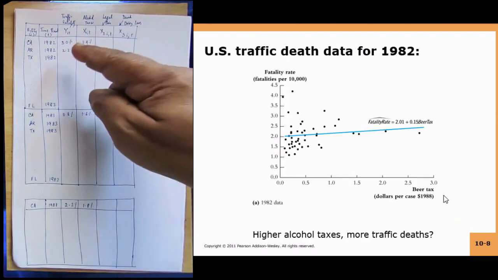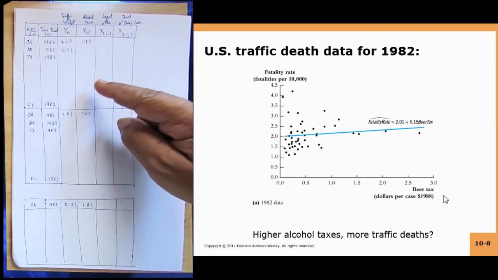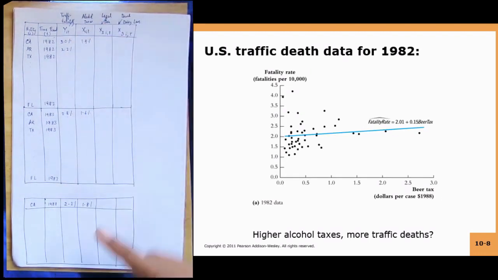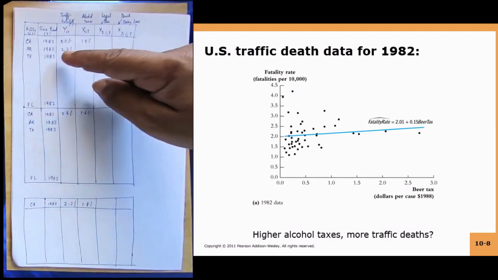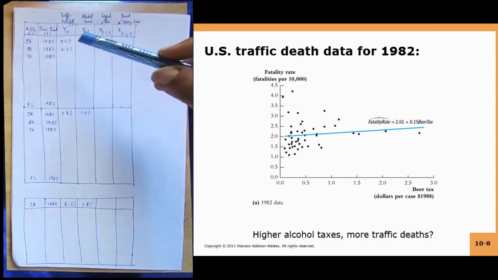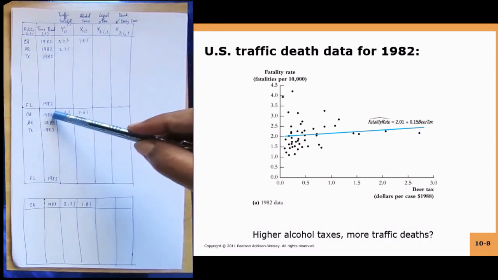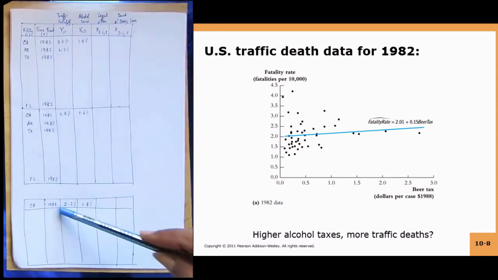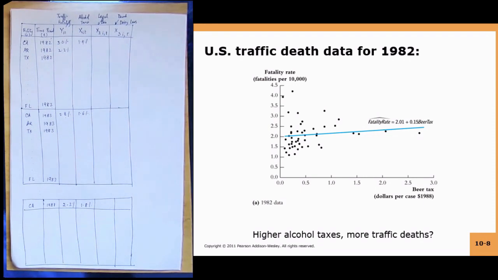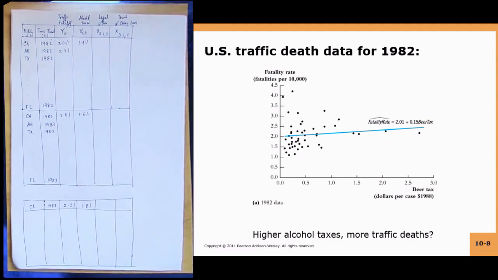Now, if you were to just take the traffic fatality rate and the alcohol taxes and take all of the data together without taking into account the fact that you have the same entity measured over different years, you don't take into account that specific detail, but you just take them all as if it is cross sectional data, and you plot fatality rate on the y-axis and beer tax on the x-axis.